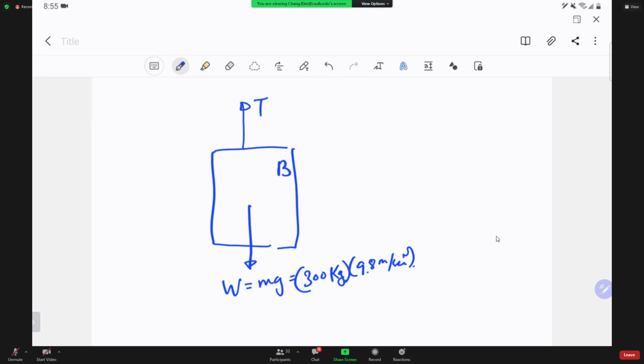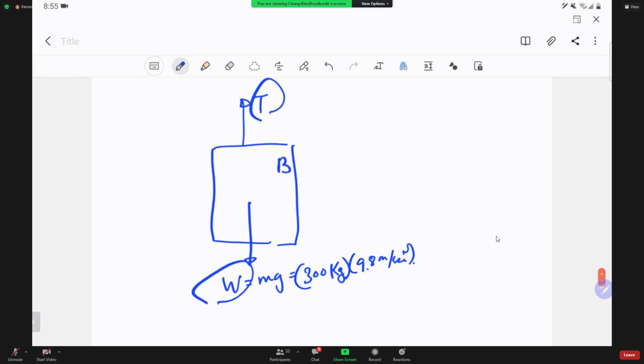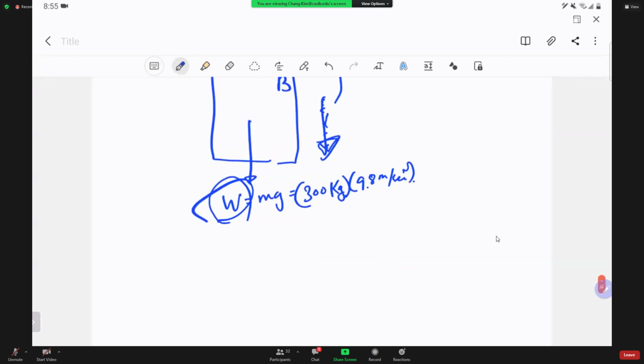So these are the two forces that block B will see. There is no friction here. It's clean. But I'm moving this block downward, so I'm going to have negative work done by the tension in this case, and positive work done by gravity going down. So it's in the same direction.